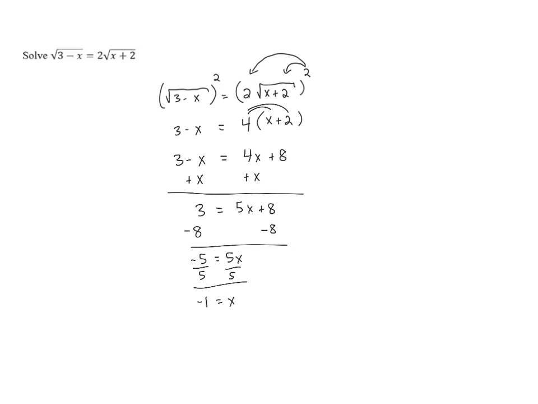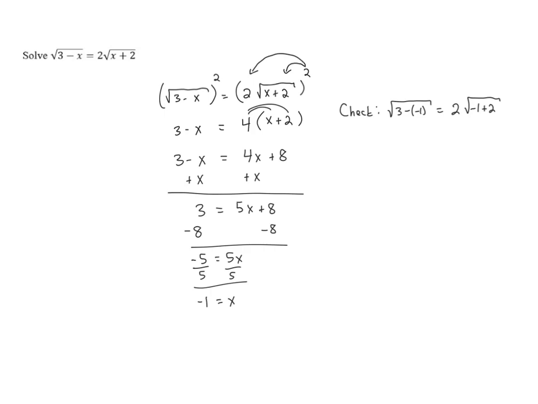Now we do have to be careful because we squared both sides in this problem. So whenever we do that, there's the possibility of extraneous solutions, and so we need to check any solutions that we end up with. If we substitute negative 1 in for x, we have 3 minus negative 1 under the first radical, and we're hoping that that equals 2 times the square root of negative 1 plus 2.